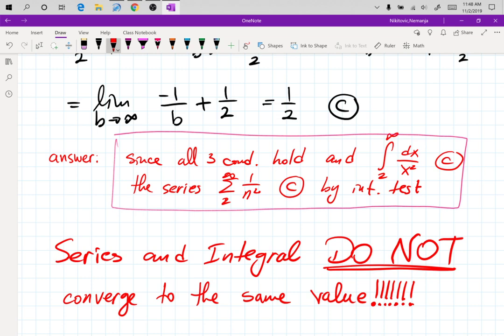Guys, the only thing that is important here is that both of these converge or both of these diverge. In the previous example, 1 over n, we had divergence of the integral. The series diverges as well. We're done. Over here we have a convergence. The integral converges to 1/2.